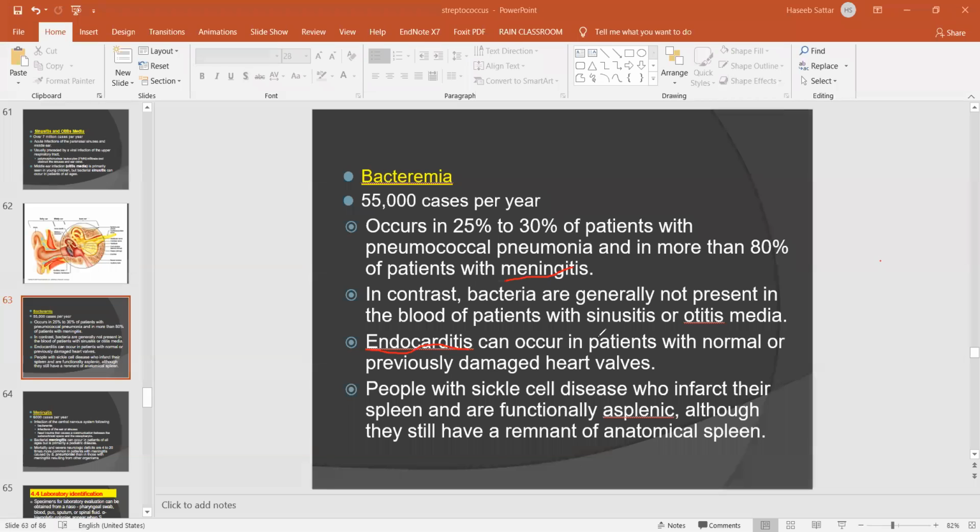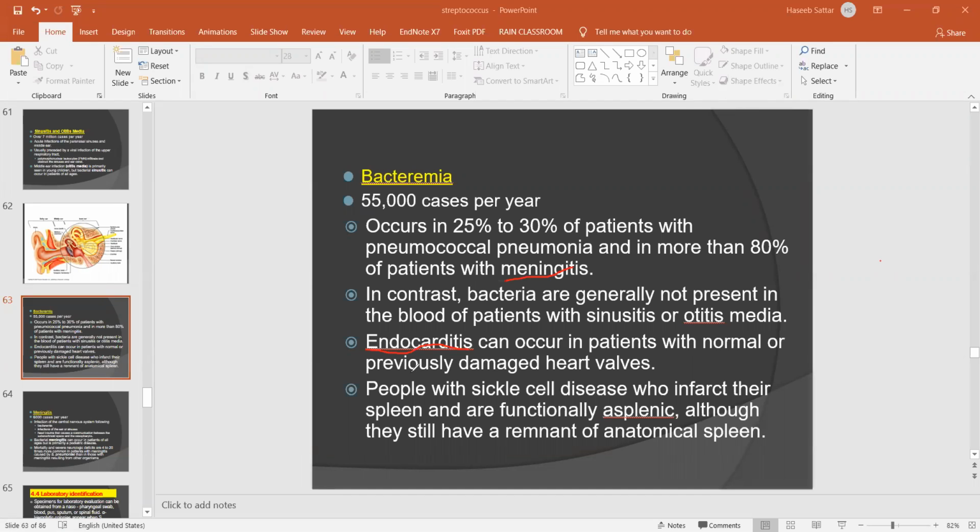For upper respiratory tract infections, bacteria is already present in the nasopharynx, so bacteria does not need blood to spread. The nasopharynx is the same area where we have sinusitis, so bacteria can invade from the nasopharynx into the sinuses. No bacteremia is required. But for meningitis and endocarditis, inflammation of the heart, bacteremia is required.